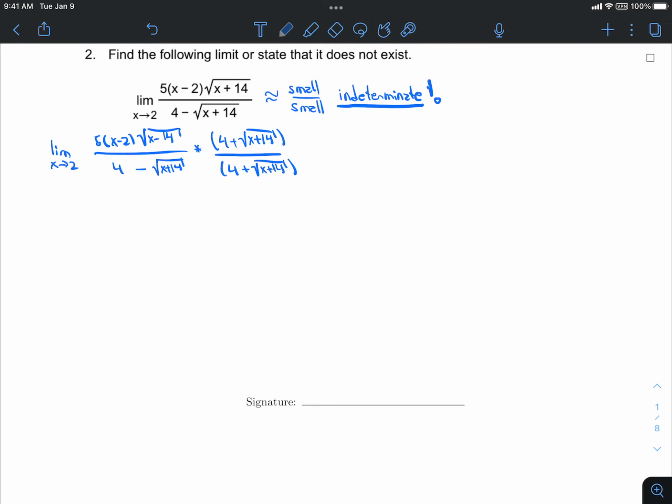And here now I will use the difference of squares. A plus b, a minus b is a squared minus b squared. This is my a, this is my b.